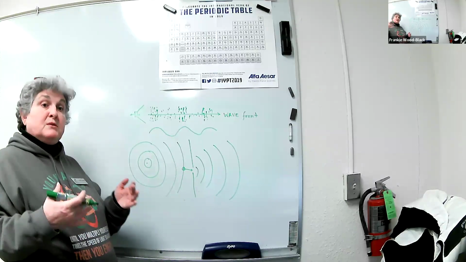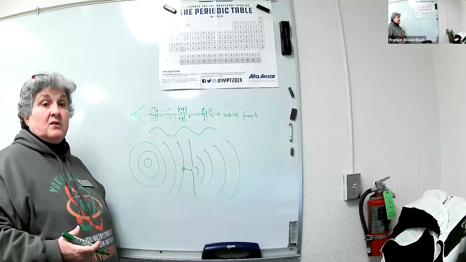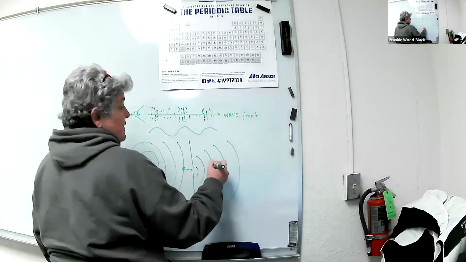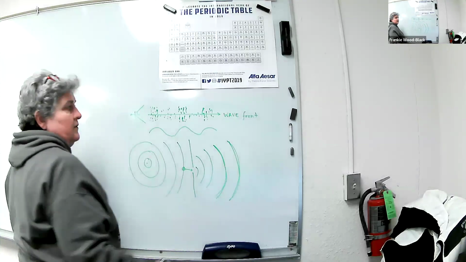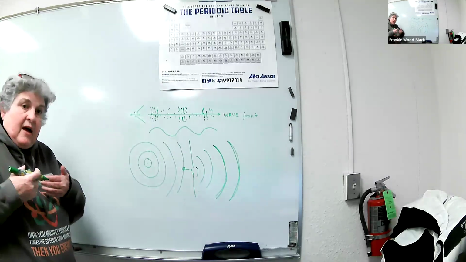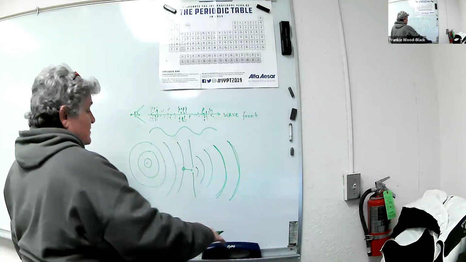Pretty cool. That's a principle we're going to see a couple of times, and that's going to be a principle we're going to see in light waves as well. As I go through here, I start seeing this, and this, of course, is representing our wave front. This line here, we're using that to represent how that wave is going to move through. But let's go back and look at our sound wave.